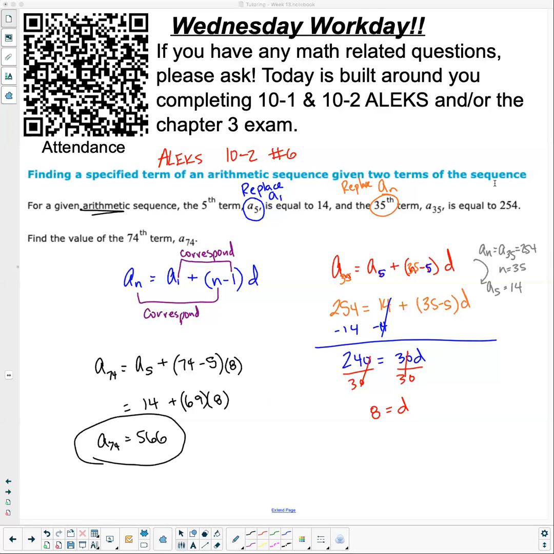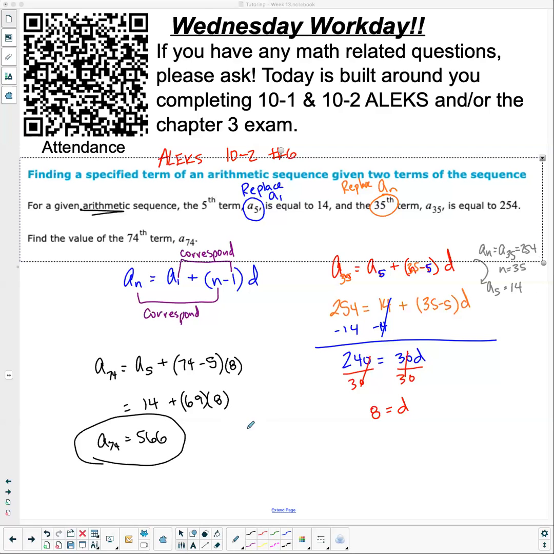Like I was just saying, you wouldn't have had to use A5 on the end. You could have used A35 on this last step. So I could have put an A35 there, which was 254, but I would have to subtract the 35 there because it's the 35th term. And you can see I get the same answer.